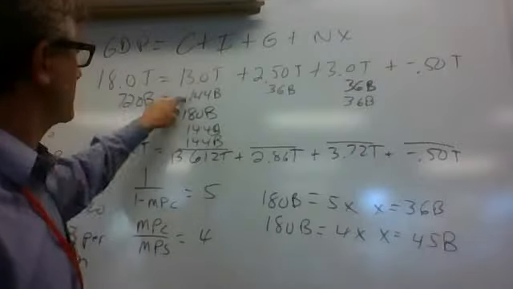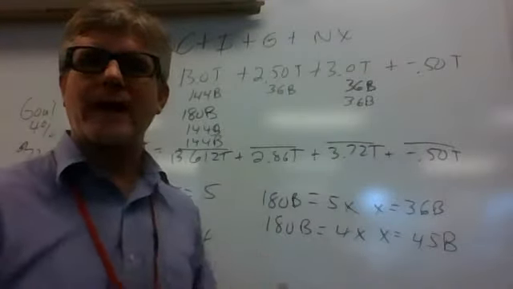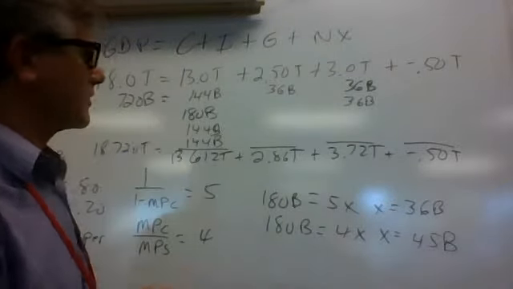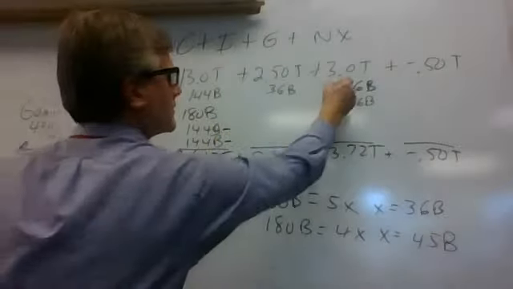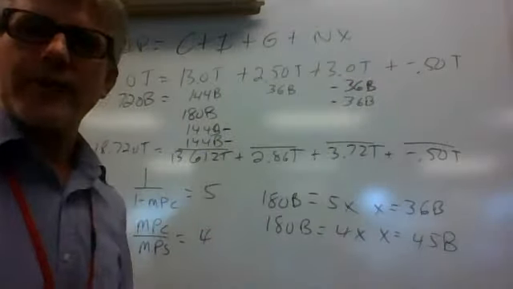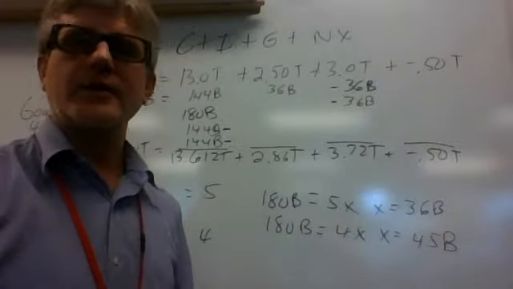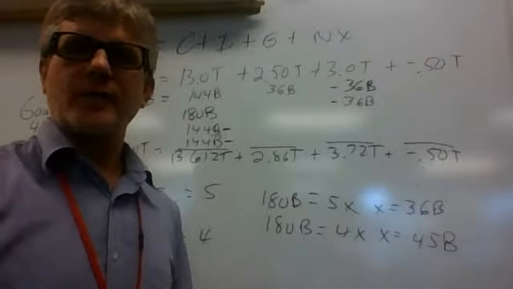The difference between your $180 billion minus 36 billion is 144 billion. So notice these two go together. The government spending of 36 billion each, and then the consumer spending increase of 144 billion each. So those two are my government spending.